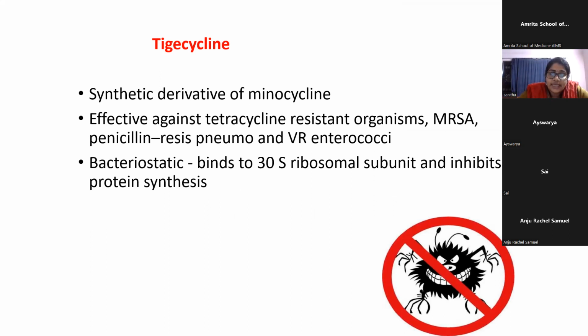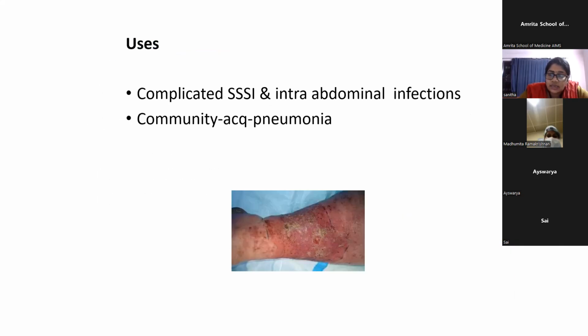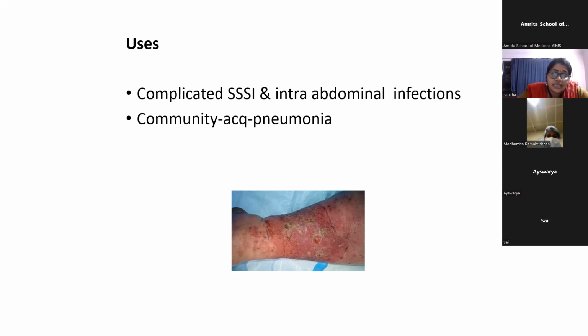It's a bacteriostatic agent with a mechanism of action similar to tetracycline, that is, it binds to the 30S ribosomal subunit and inhibits protein synthesis. Its severe side effect is acute pancreatitis. It can be used in skin and soft tissue infections, intra-abdominal infections, community-acquired pneumonia, etc.